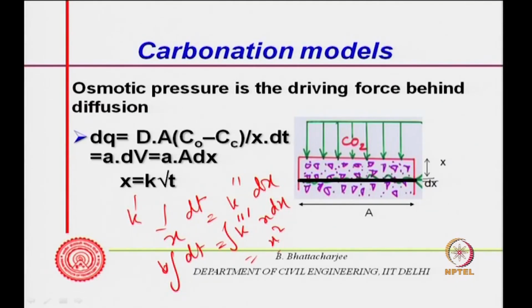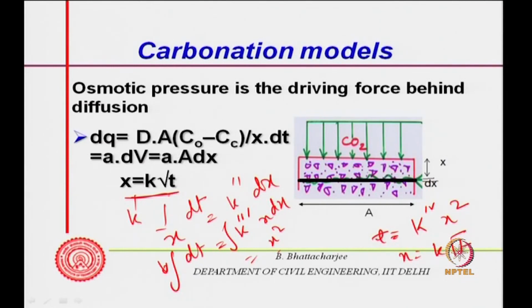So, in other words, all this can be put together, so I can write that t is equal to some constant, let me call it k 4 prime, into x square. In other words, I write x equals k under root t, that is what I have done. So, by simple integration I can find x equals k under root t.